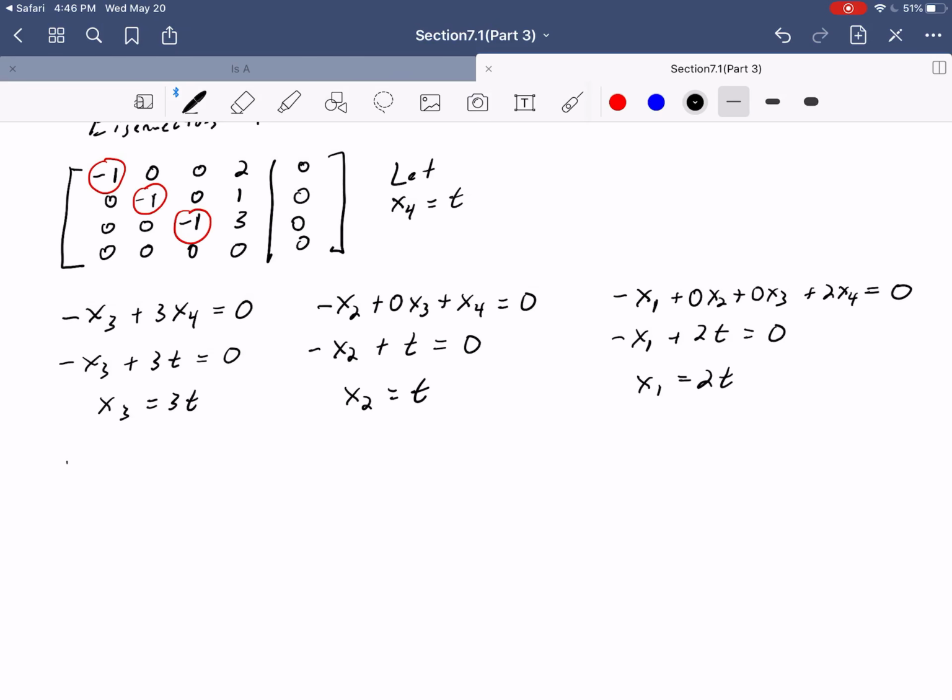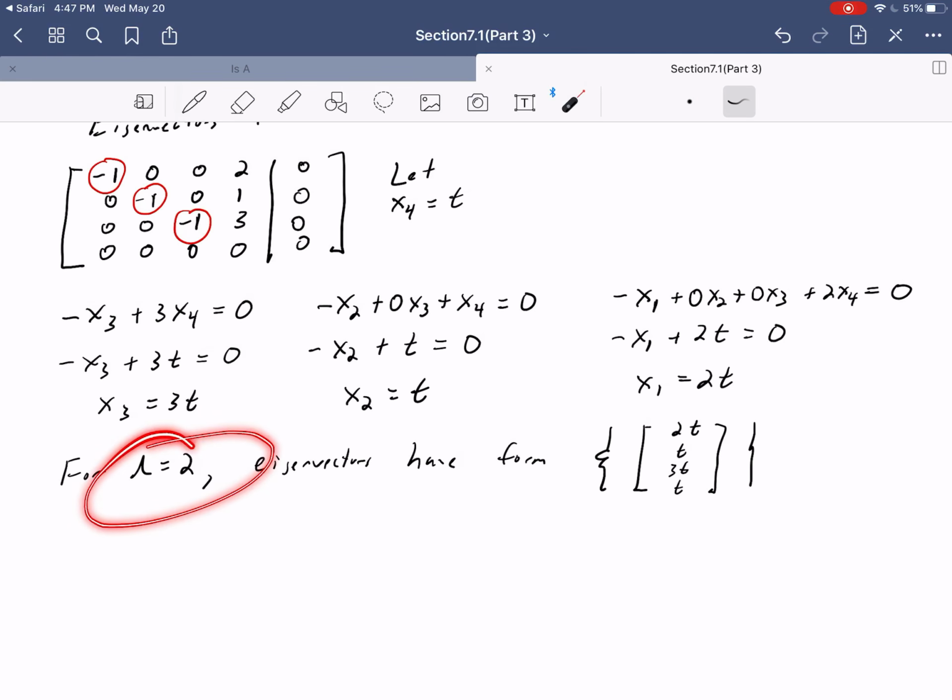So for lambda equals 2, eigenvectors have the form 2t, t, 3t, and t. Notice again, since this eigenvalue only had multiplicity 1, there's only ever going to be 1 free parameter for the eigenvectors there.